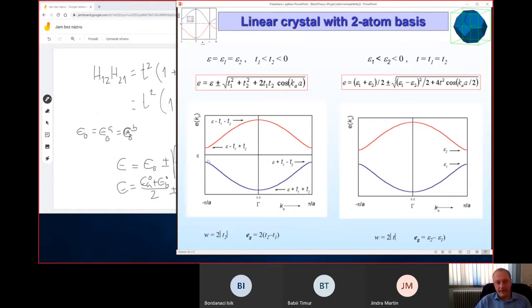So this band would be completely filled, while this one would be empty.